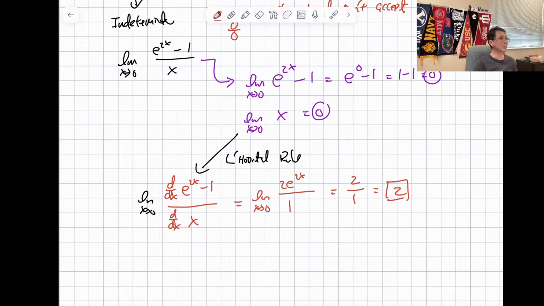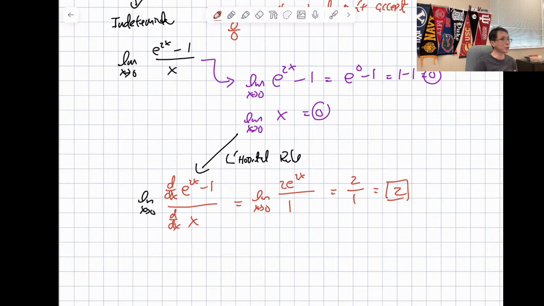I just take the derivative of the top, which by chain rule is e to the 2x times 2. The derivative of 1 is 0, and the derivative of x is 1. I get a value of 2 over 1. See, now I got an evaluation.